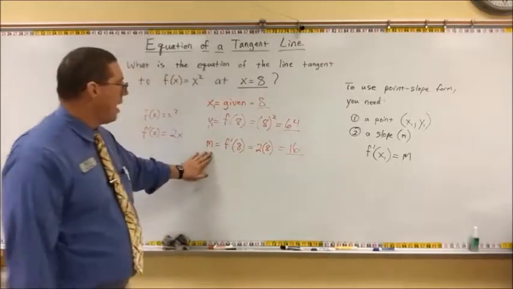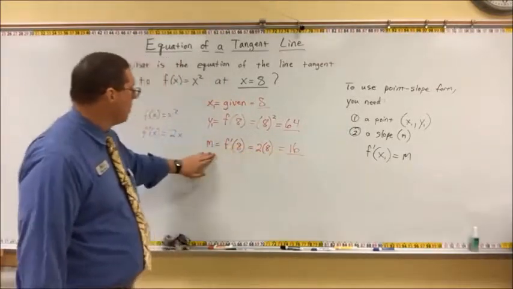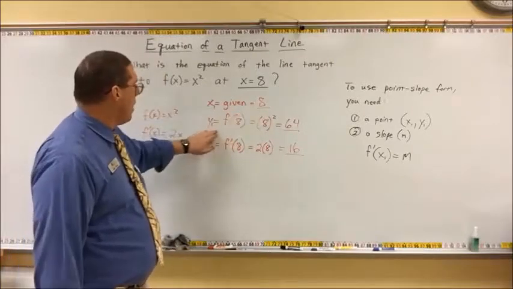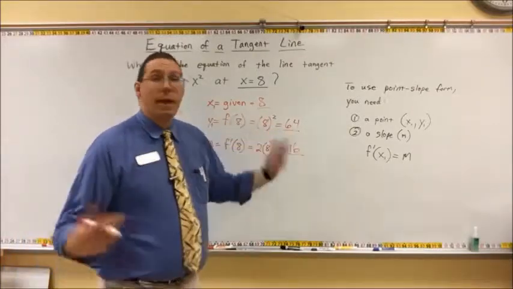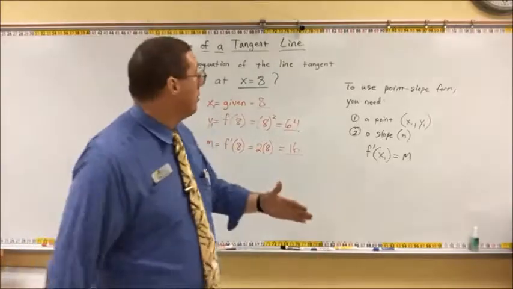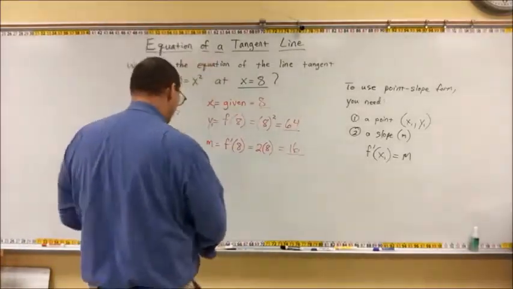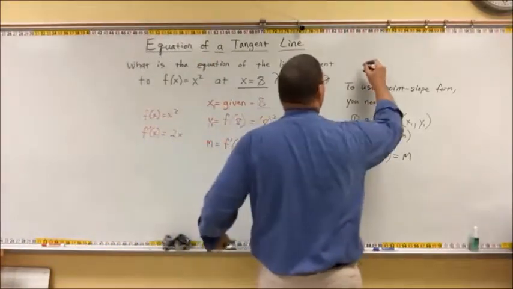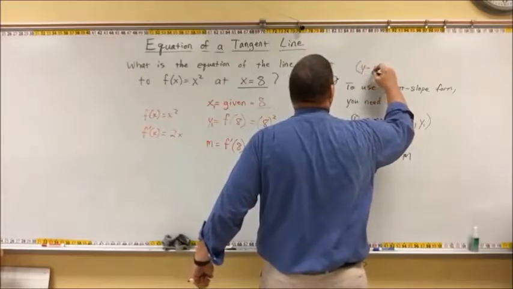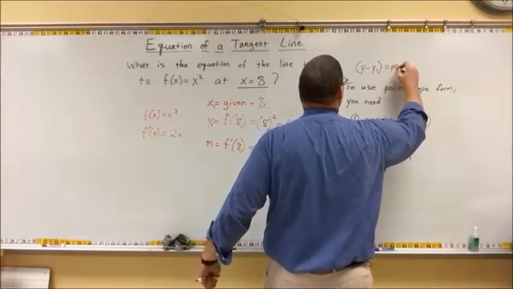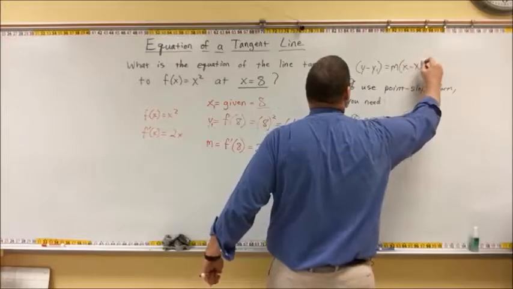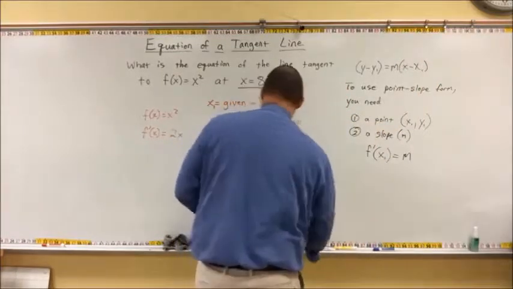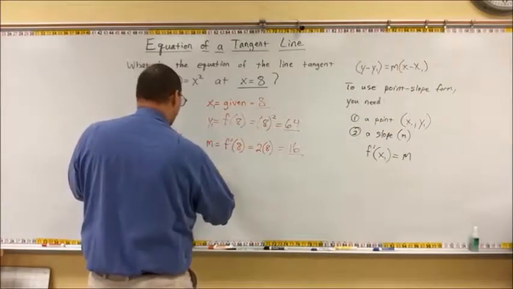So now we have a slope, x1 and y1, and now all we have to do is plug them into the point-slope form, right? And what is the point-slope form again? It's y minus y1 equals m times x minus x1. And so here, we're just going to plug it in.